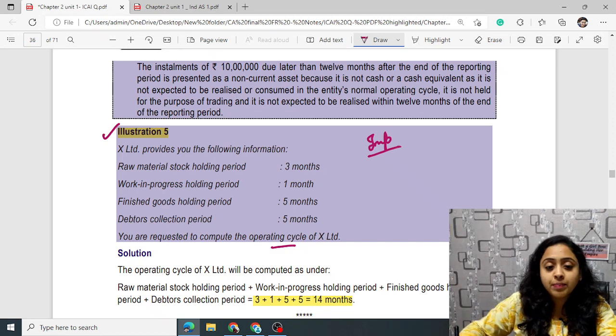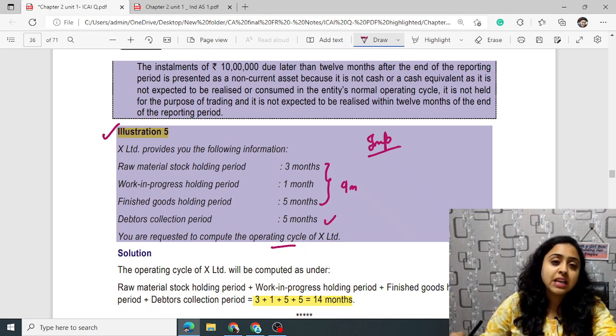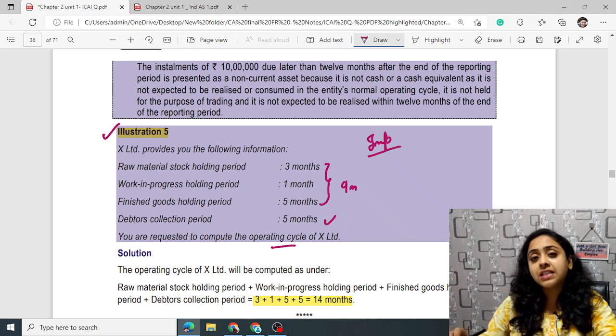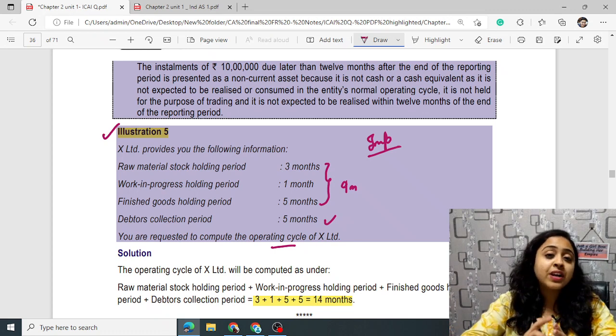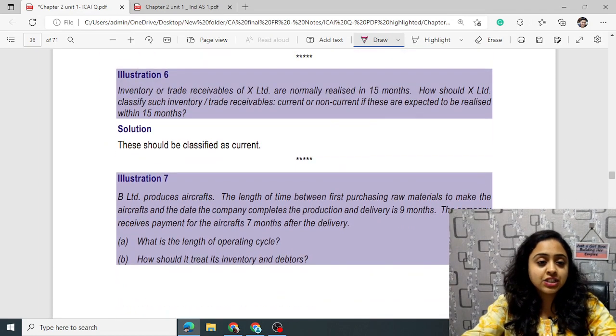The raw material period is 3 months plus work in progress and finished goods holding period, so 3 plus 1 is 4, 4 plus 5 is 9. So 9 months is inventory holding period. Debtor collection period is 5 months. So 9 plus 5 equals 14 months. Your operating cycle is of 14 months. Anything that is received within 14 months or has to be paid within 14 months will be classified as current asset or liability.